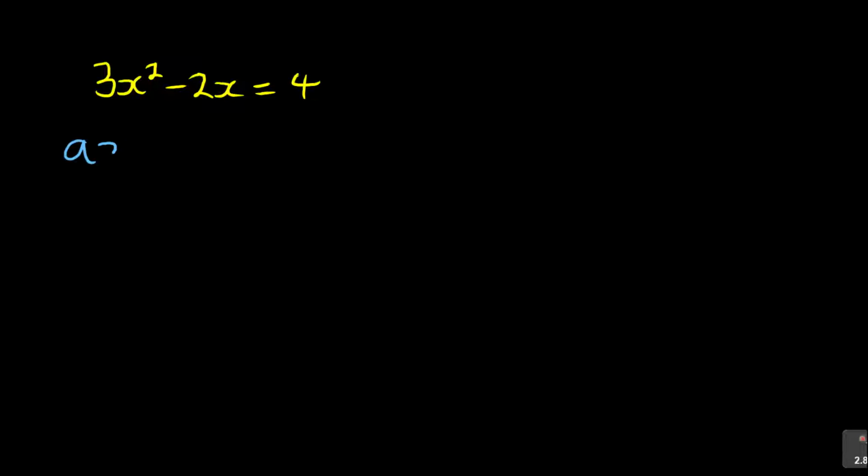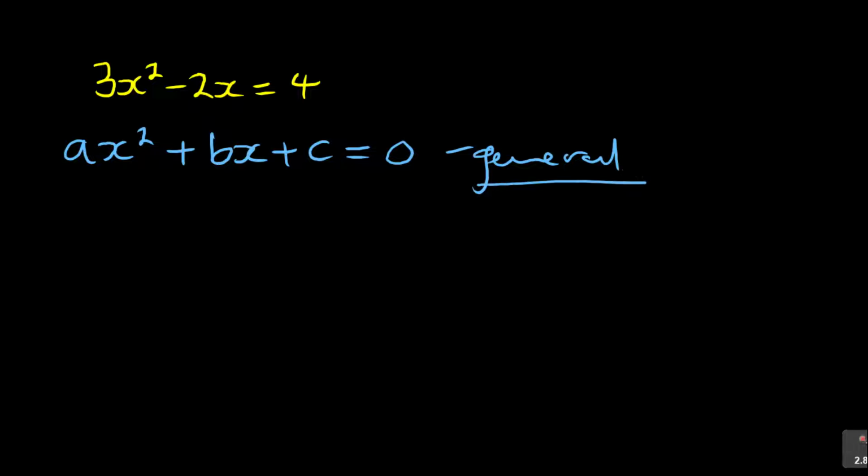It's ax squared plus bx plus c is equal to what? 0. Remember, it's ax squared plus bx plus c is equal to 0. Very important. What do we call this one? The general quadratic equation. That's the general one.